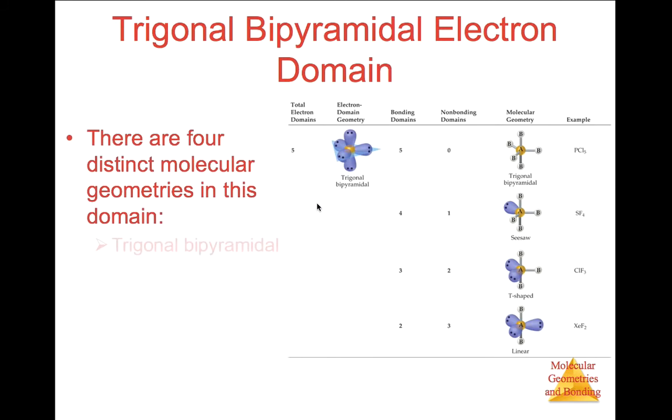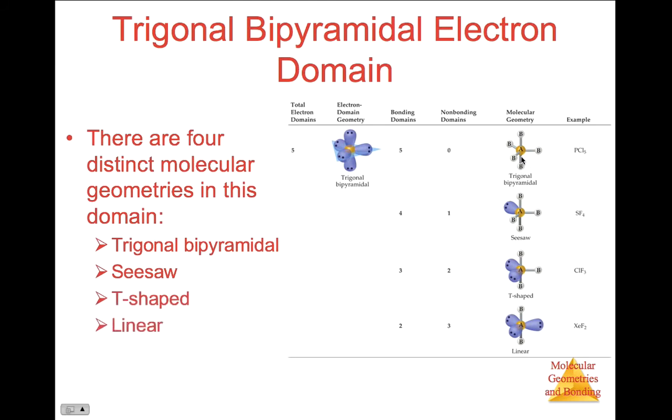There are 4 distinct molecular geometries in this domain. First of all, if there's 5 bonded and 0 non-bonded, it's called trigonal bipyramidal. Trigonal bipyramidal, axial, equatorial, 5 things around, 120-degree bond angle here, 90-degree bond angle here. 4 bonded, 1 non-bonded, it's called seesaw. Notice this one unshared pair of electrons right here squishes these 2 B's together.